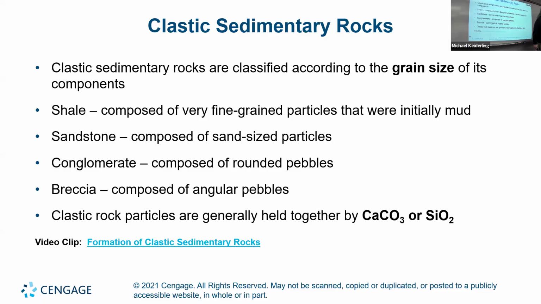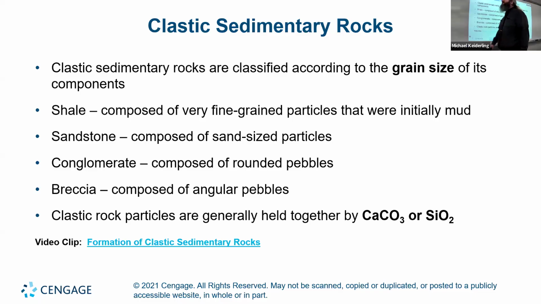Aren't the sand-sized particles really tiny? They're the size of sand. I don't remember if I actually have the sand classification, but when I think of the size of sand, I just think of a grain. They're small, less than a millimeter, but the particles of shale are less than a 16th of a millimeter.